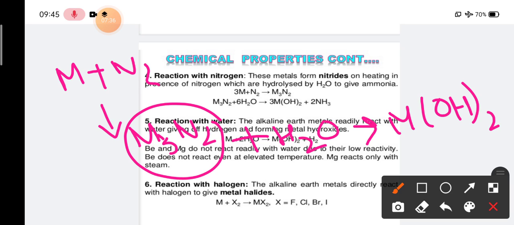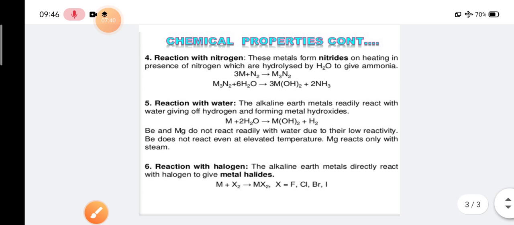Okay, so let's move to the next reaction, that is reaction with water. Whenever alkaline earth metals react with water, they will produce metal hydroxide. But beryllium and magnesium do not readily react with cold water, because their reactivity is less.